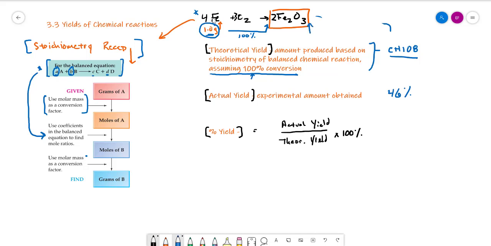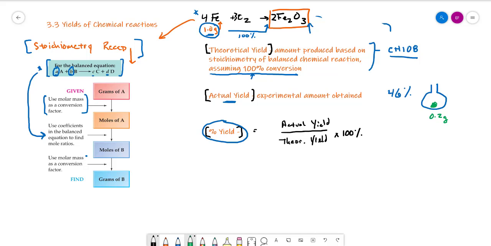And so the percent yield then, so if actual yield is what you actually get when you do the reaction and you've got your flask with the product in it, maybe it's this iron oxide, you go and you weigh that final product, maybe you only get 0.2 grams instead of the 100% yield that you thought. Then the percent yield is how much you got divided by how much you would be expected to get in the theoretical case.